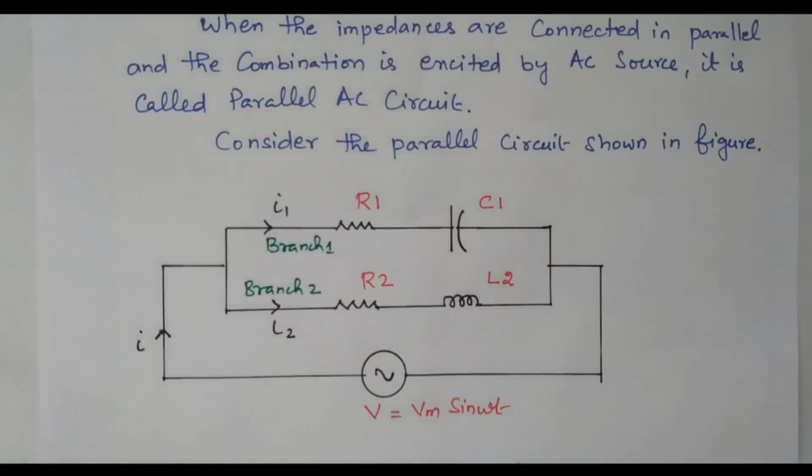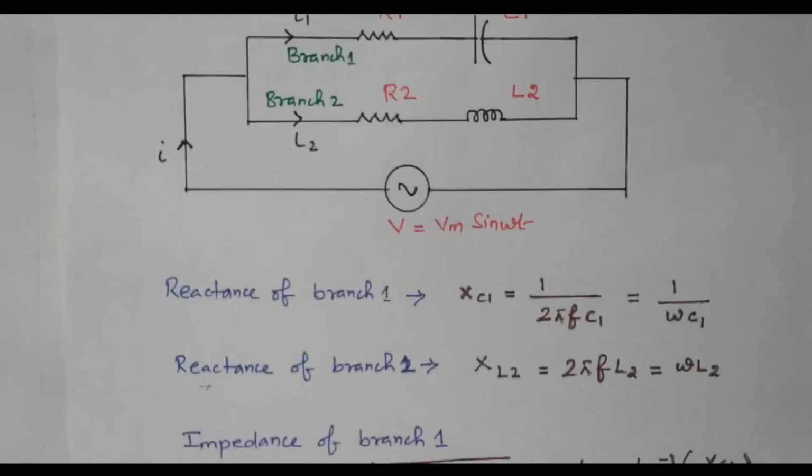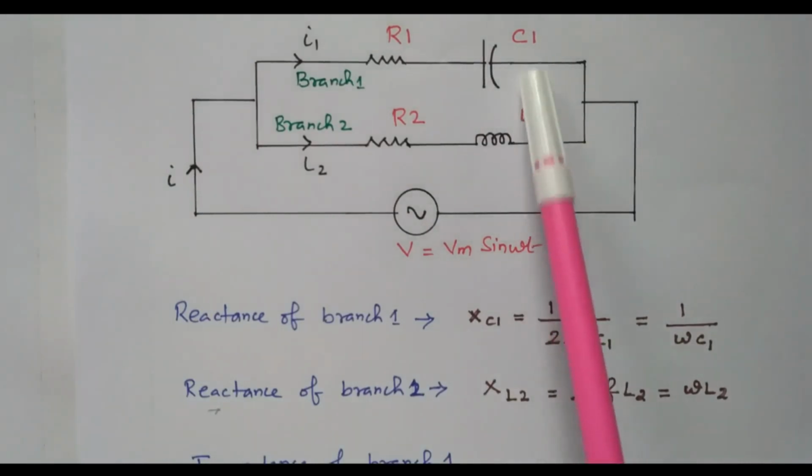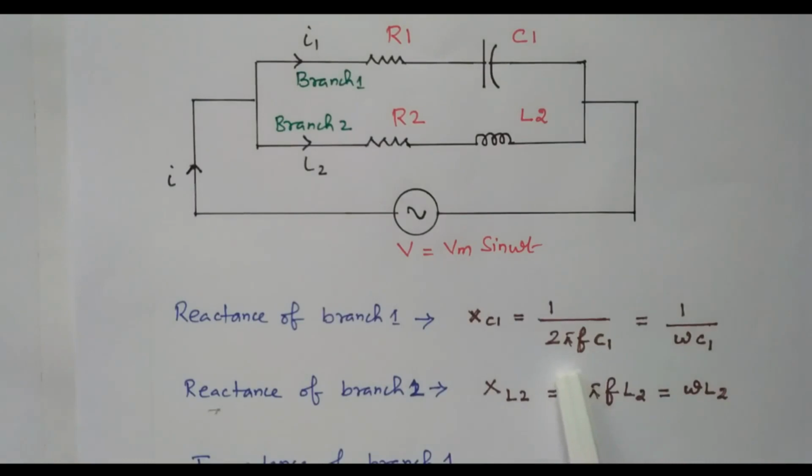Now we'll see the reactance and the impedance of these branches. Branch 1 has a resistor and capacitor. Branch 2 has a resistor and inductor. The reactance of branch 1, Xc1, equals 1 divided by 2 pi f C1, because of the capacitor.